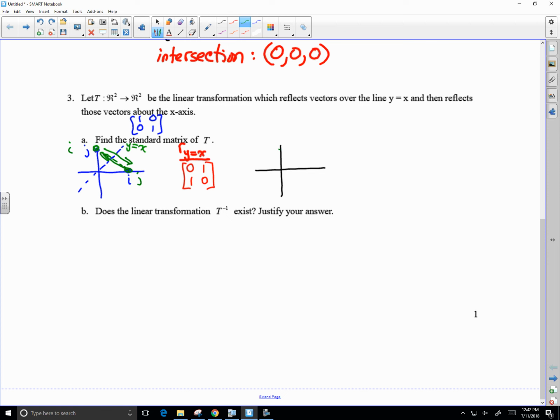So here's my i, which is not that letter, force of habit. And here's my j. I'm reflecting vectors over the x-axis. If I reflect over the x-axis, j is going to stay where it is, but i is going downtown.